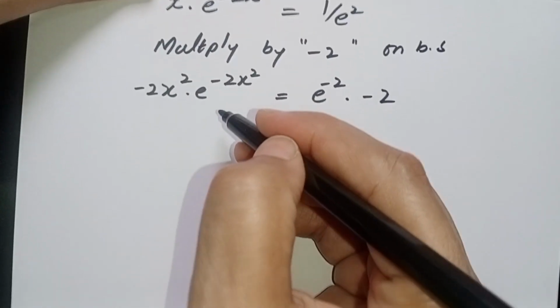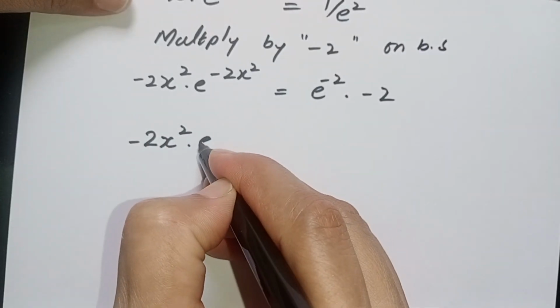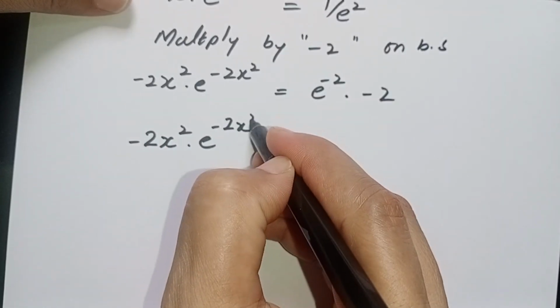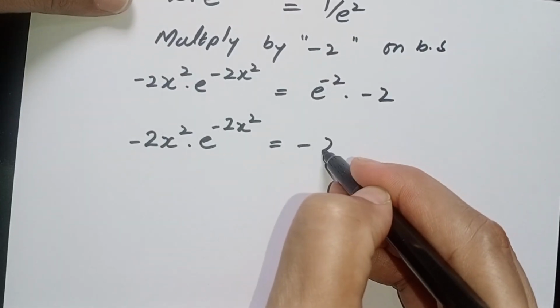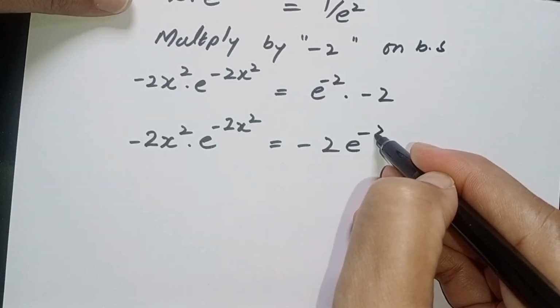By arranging them, we can write minus 2x squared times e^(−2x²) is equal to minus 2 e^(−2).